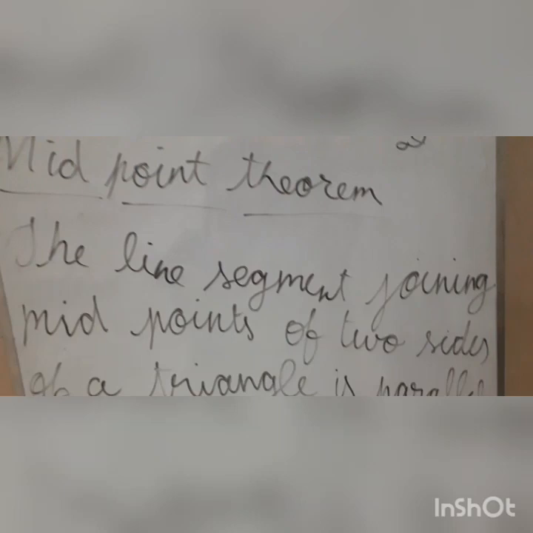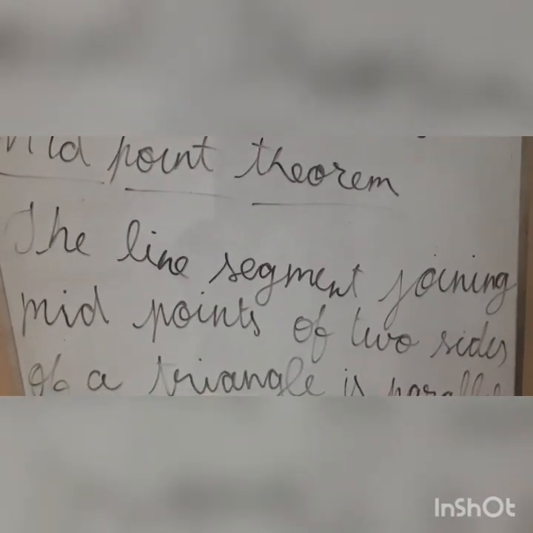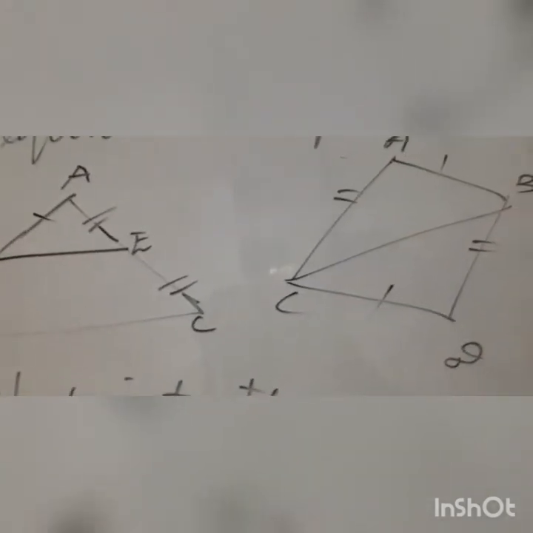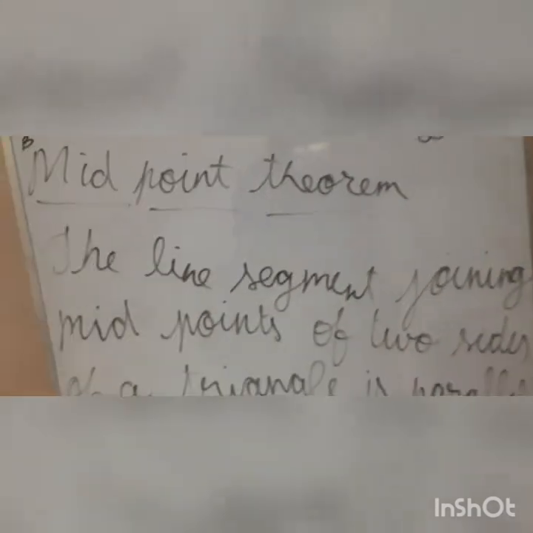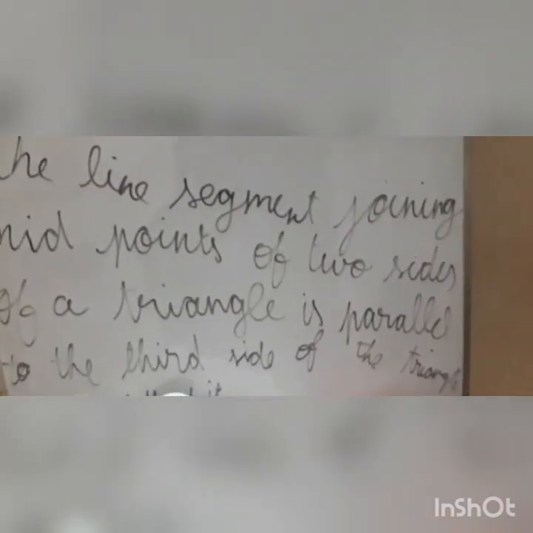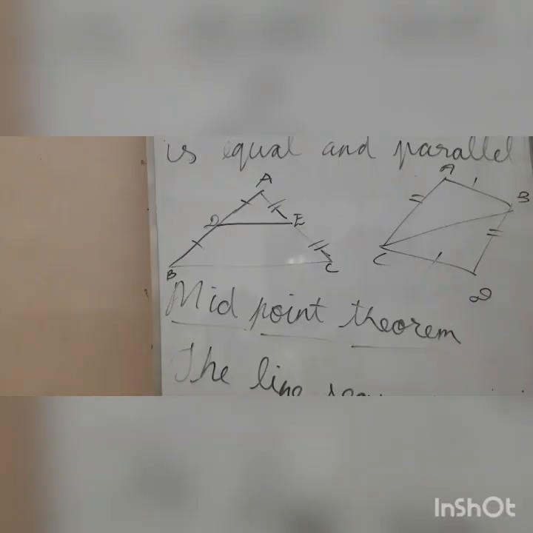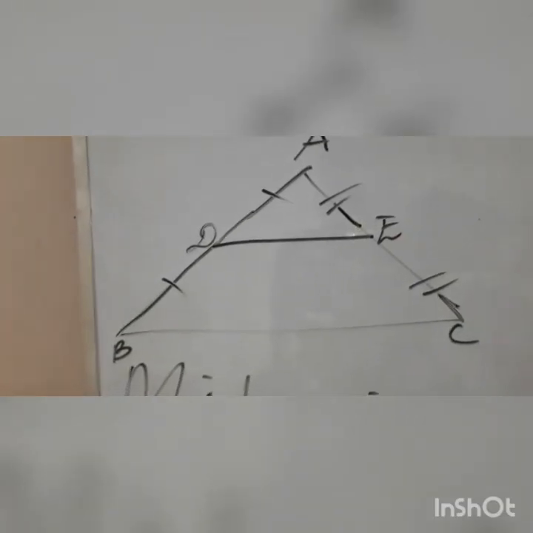So the line segment joining midpoints of two sides of a triangle is parallel to the third side of the triangle and is half of it. Very simple concept. Let me draw this triangle again so you can understand better.